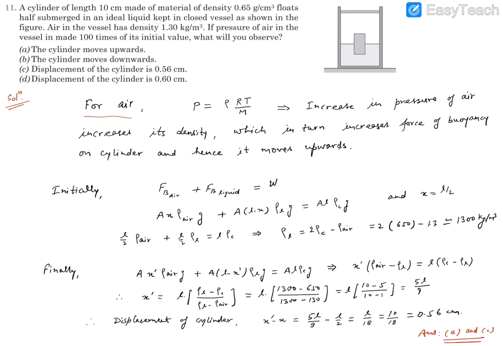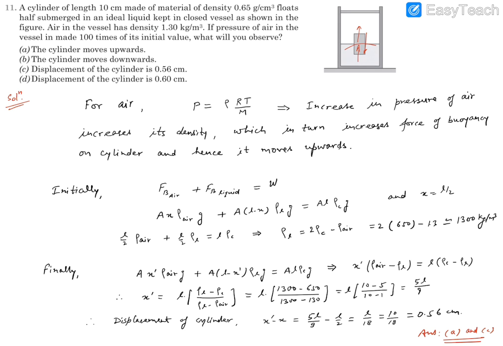Now for air, we can use P is equal to rho RT upon M, assuming it to be an ideal gas. If pressure is increased, R and M remain the same and temperature is constant, so density has to go up by 100 times. At equilibrium, the cylinder experiences buoyancy from the liquid and buoyancy from the air, balancing the gravity.